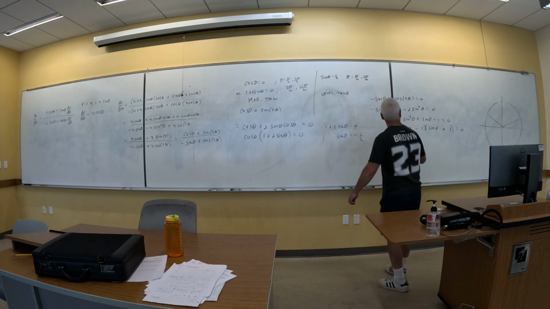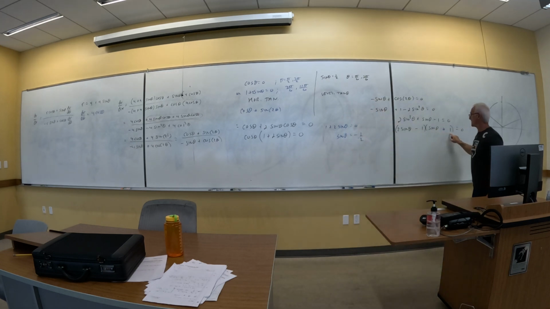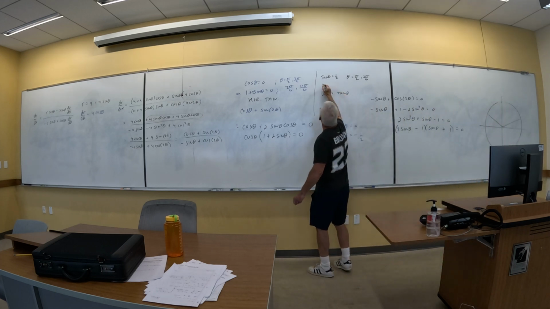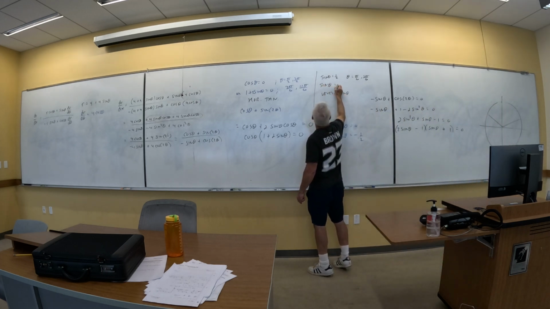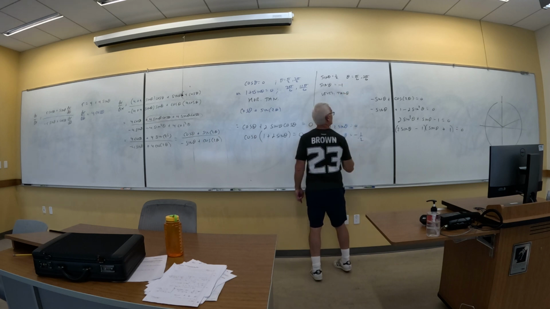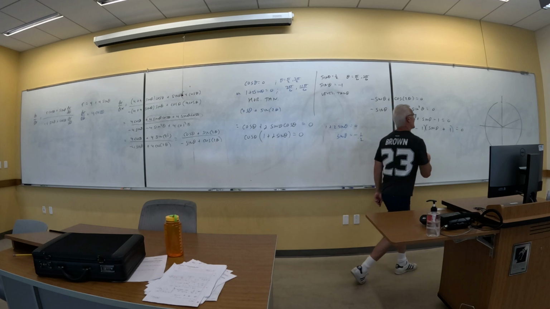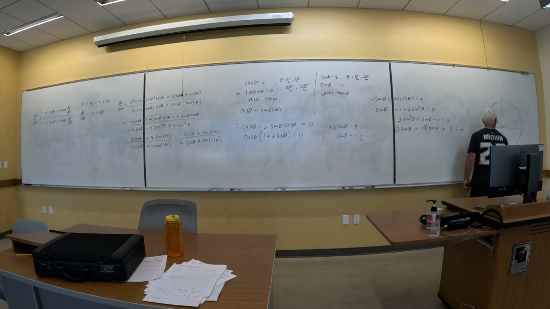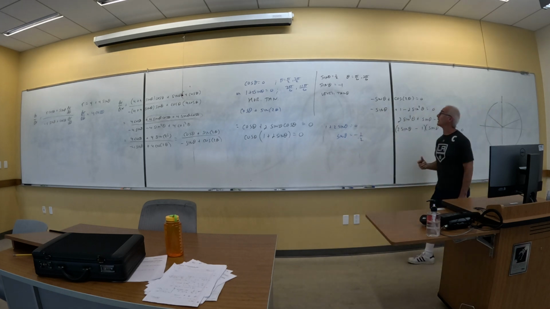The second piece says sine theta plus 1 is 0, so sine theta must equal what? -1. And when is the sine of theta going to be -1? Only one place. Where will that be?